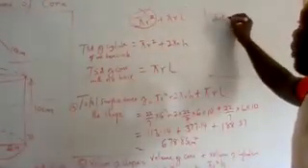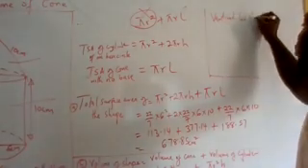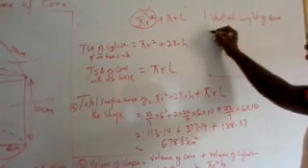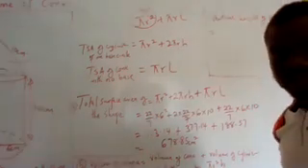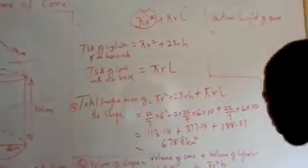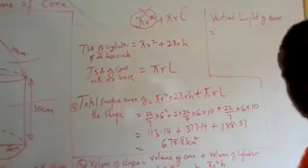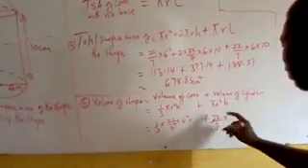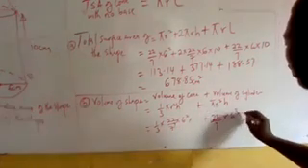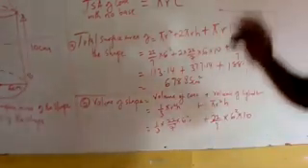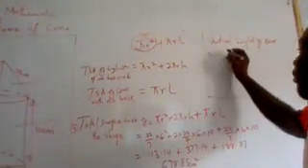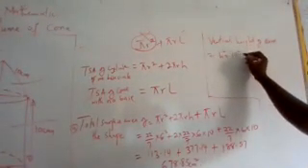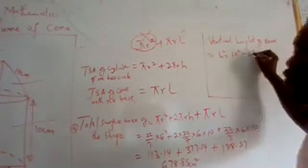So to obtain the vertical height of the cone, using Pythagoras theorem, h squared equals 10 squared minus 6 squared.